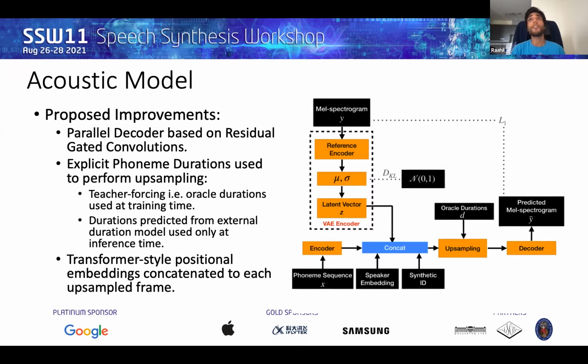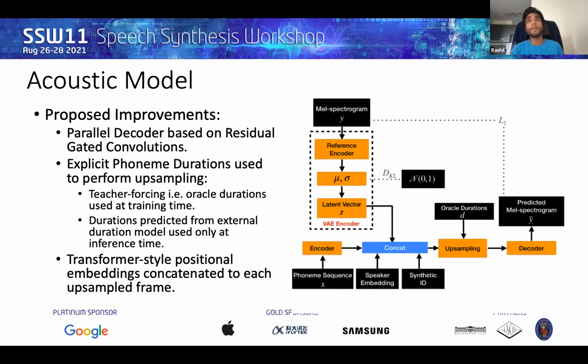Well, in this non-autoregressive external duration modeling world, we introduce a parallel decoder that is key to the non-autoregressive architecture, based largely and only on convolutions. We also introduced this explicit duration model, which is trained separately. At training time for the acoustic model, we perform teacher forcing for durations using the oracle durations that we have extracted using forced alignment.